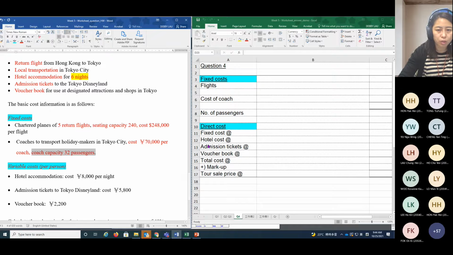Okay, landing. So when 240 passengers get off the flight, they have to go directly to the coaches. So make sure you have sufficient coaches waiting for the passengers.